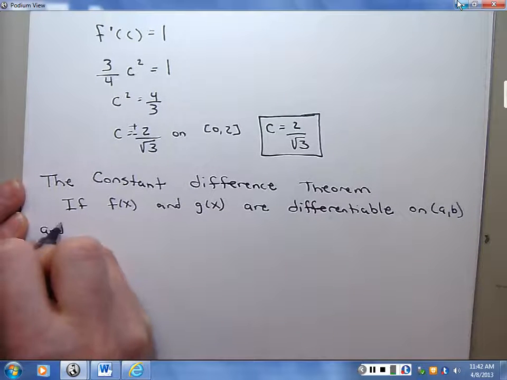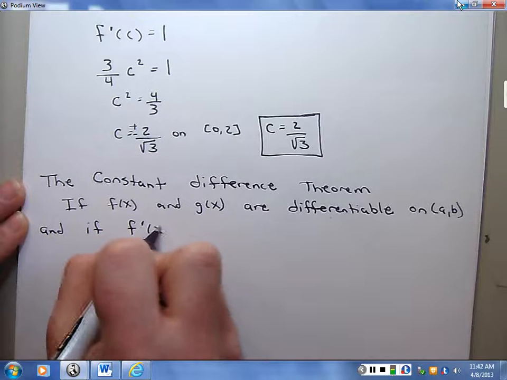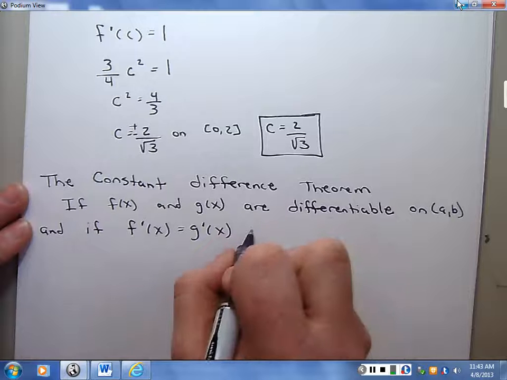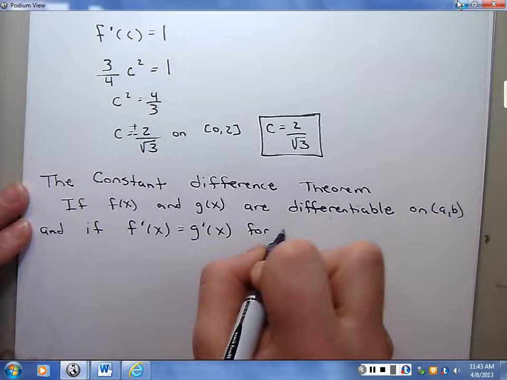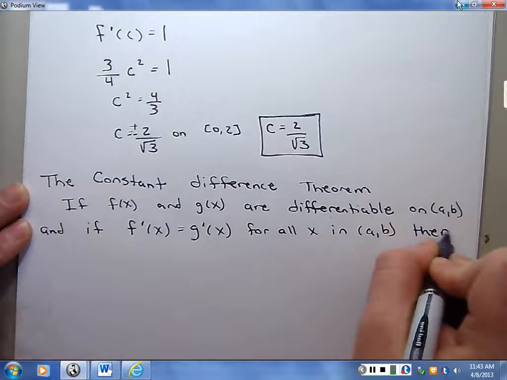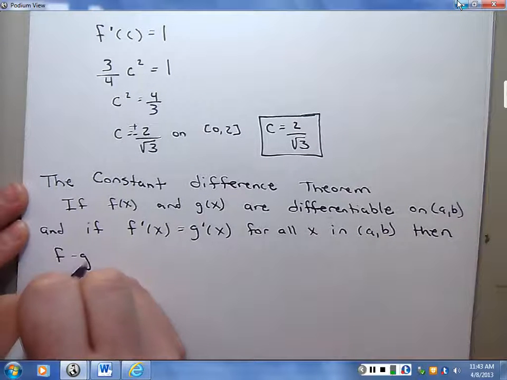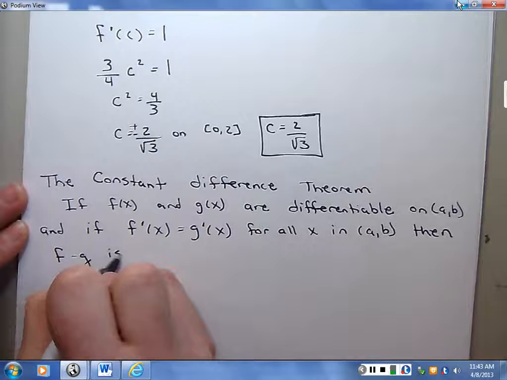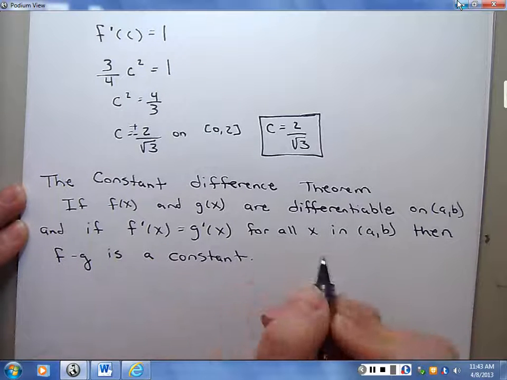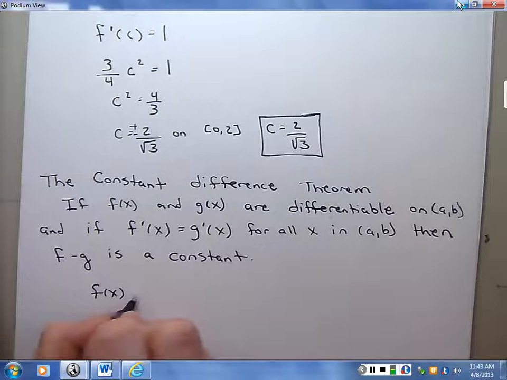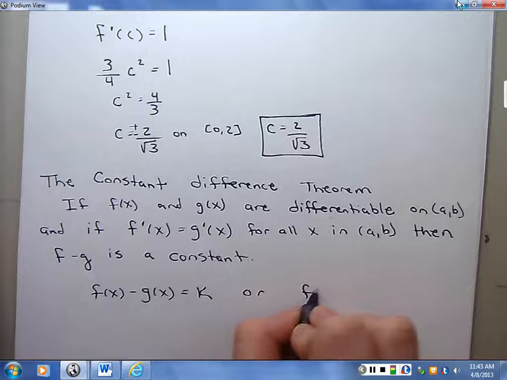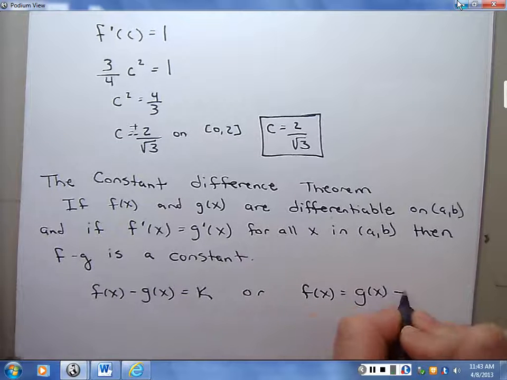And if f prime of x equals g prime of x for all x in a, b, then f minus g is a constant. So this is saying f of x minus g of x has to equal some k, or you could say f of x can be written as g of x plus k.